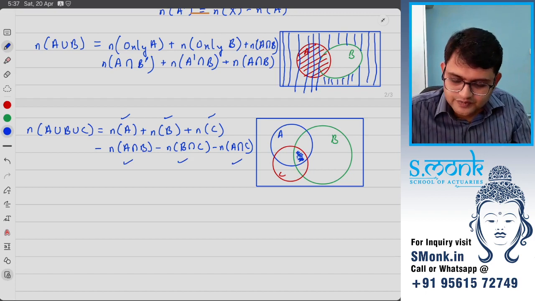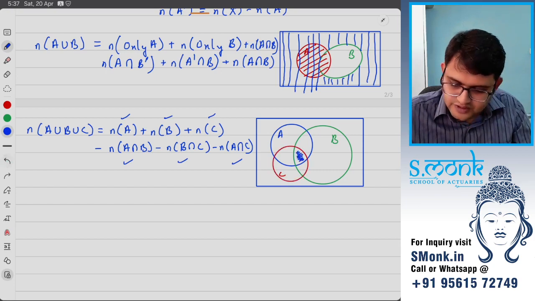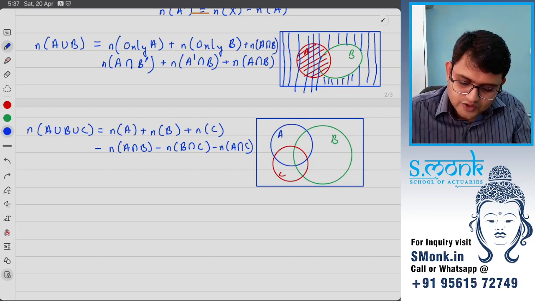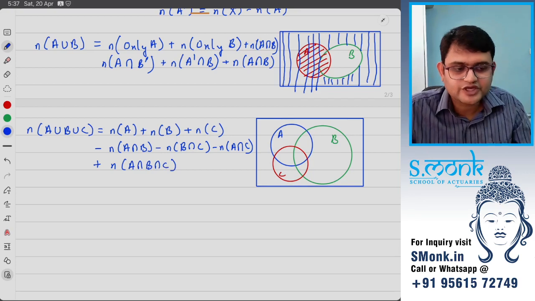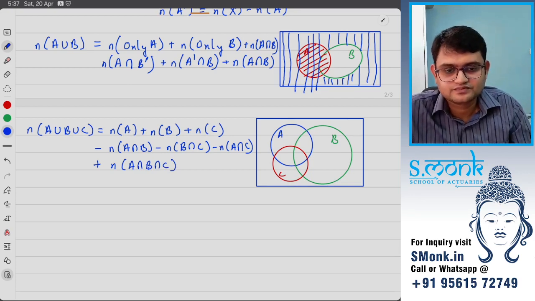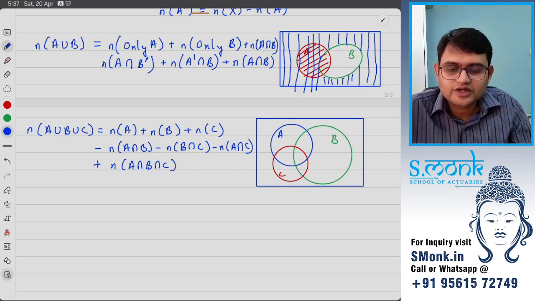So the triple intersection has not been included anywhere. So I will add it: A intersection B intersection C. This is just a general formula.